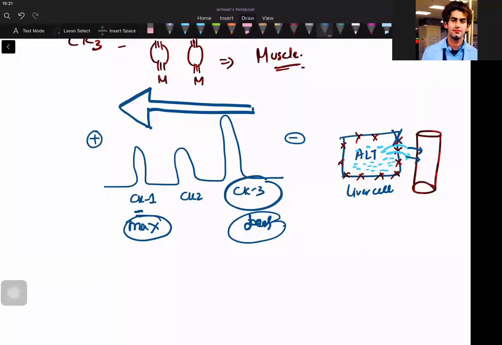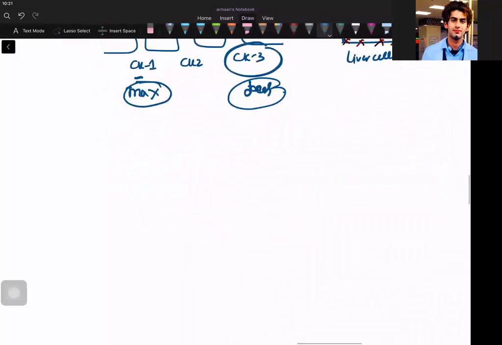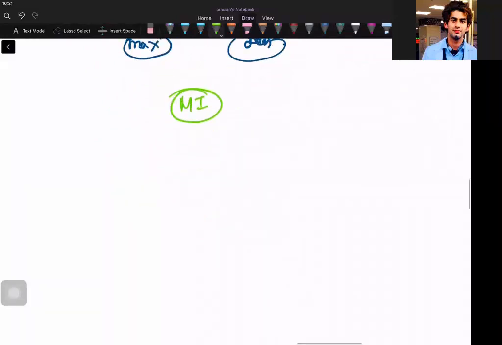What other enzymes, or proteins, can I see in an MI patient? When a person comes with MI, what else can I see? If I talk about proteins first, what proteins are increased in MI? Do you remember myoglobin?